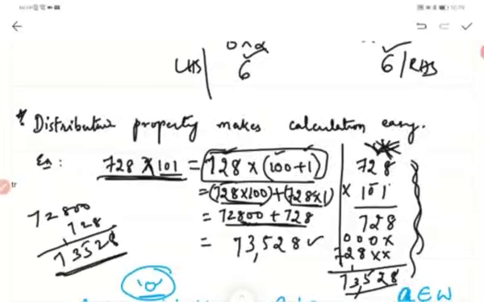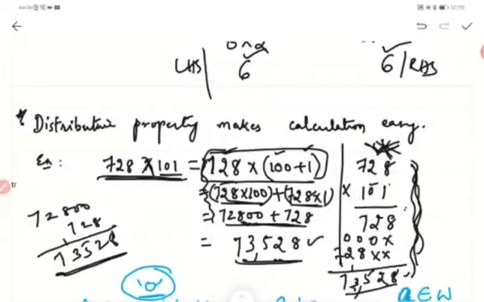After verification, I got the same number as when I multiplied directly. Both are the same.